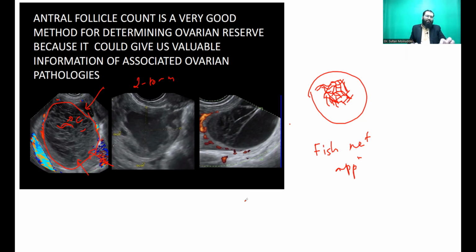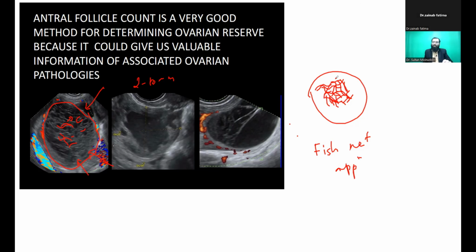Can you see that? Lacy reticular appearance or fish net appearance. This is also called spider web appearance or cobweb appearance, because it just looks like a spider web or cobweb. So this is very classic of hemorrhagic cyst. We'll also discuss the classic appearance subsequently in further slides.